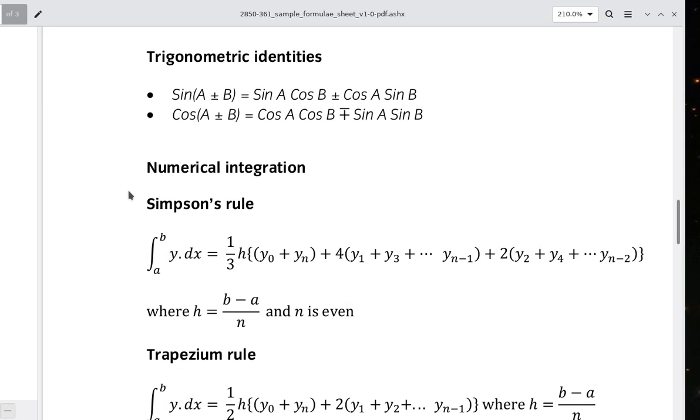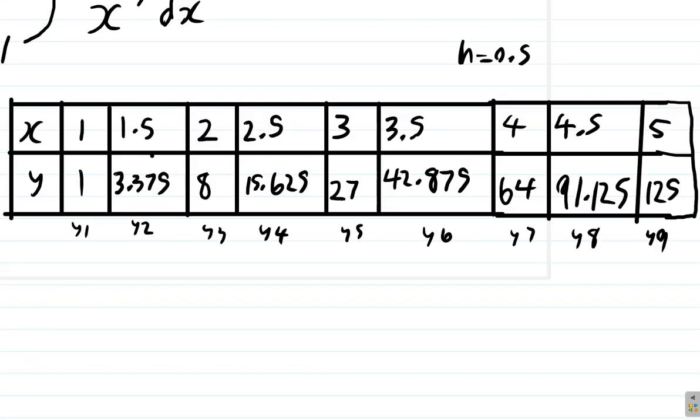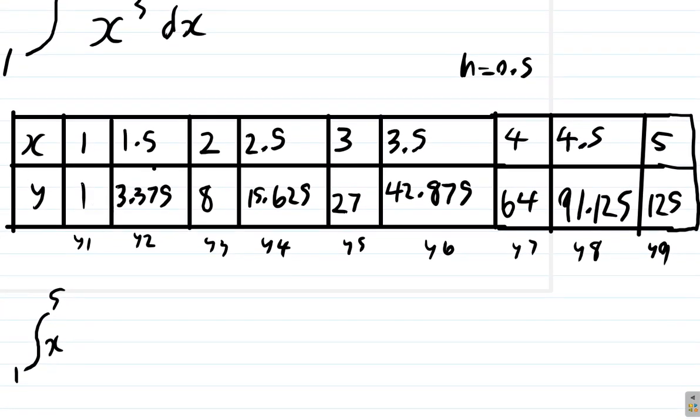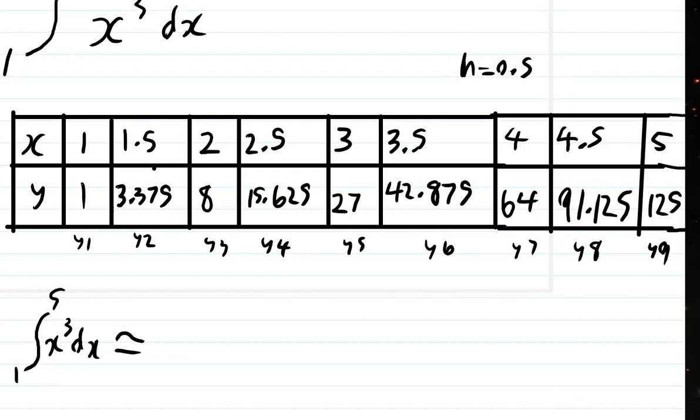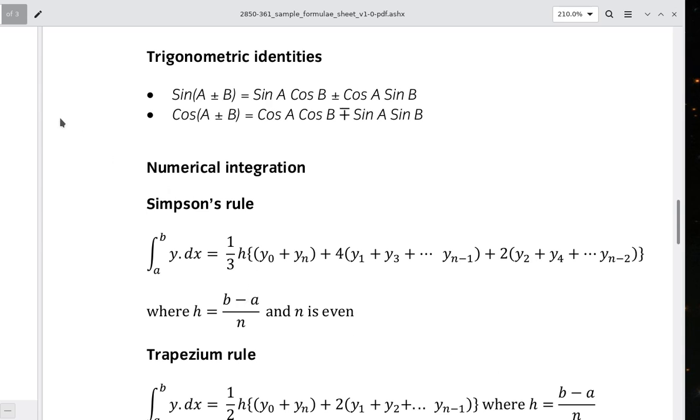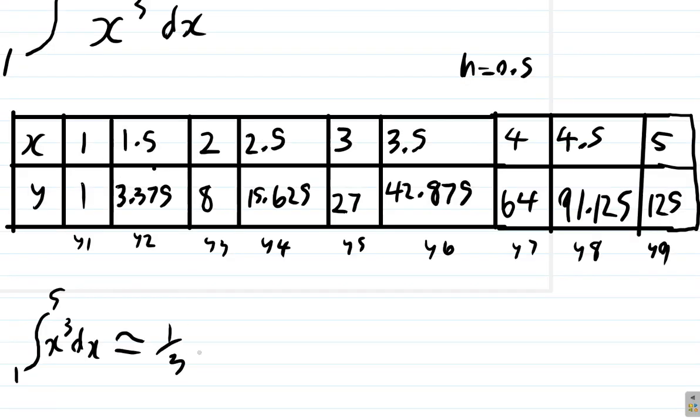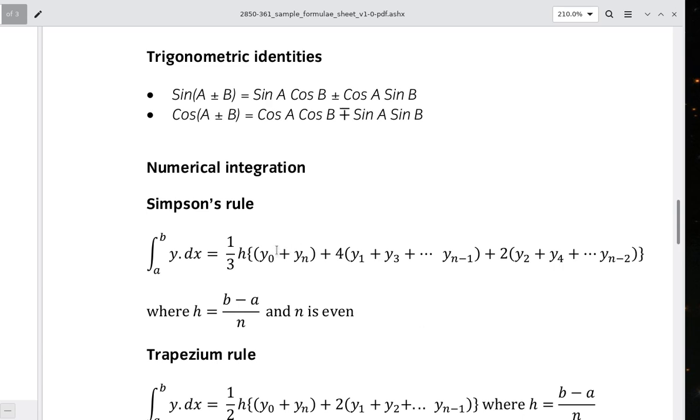The integral of y dx equals, so the integral from 1 to 5 of x cubed dx is approximately equal to 1/3 times h, which is 0.5, times y0 plus yn.